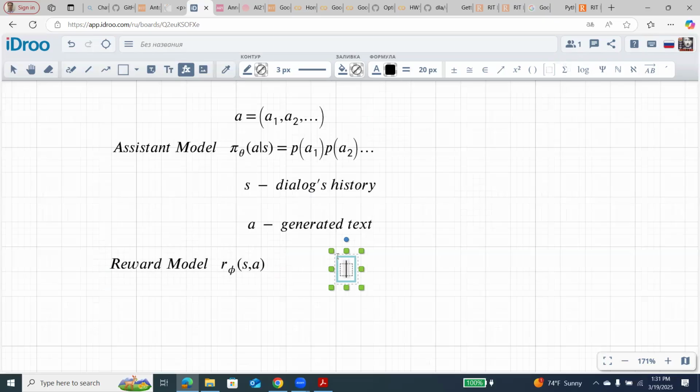A reward model has two inputs, an input prompt and a continuation. So that's why we use two arguments as inputs to the reward model.